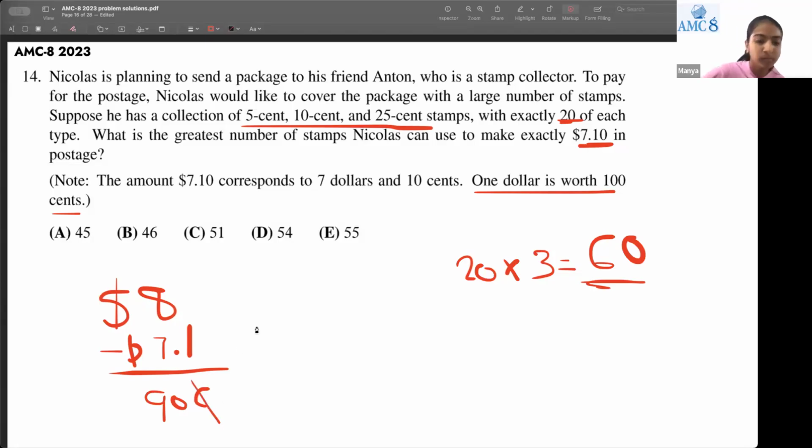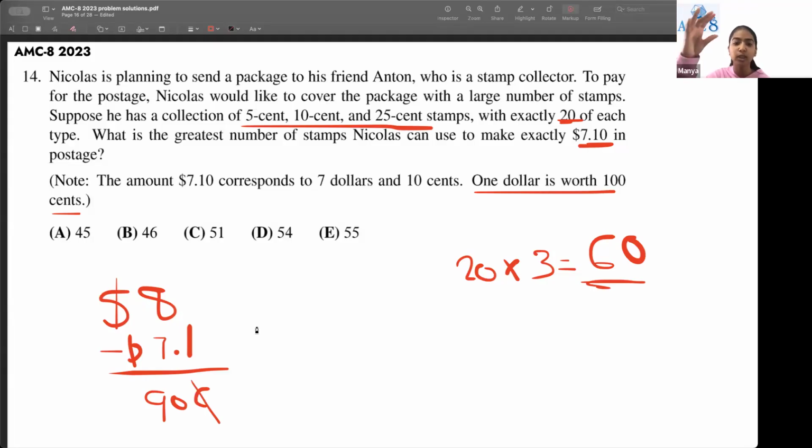So we need to remove 90 cents using the least amount of different types of stamps. That means we don't want to waste all of our 5-cent stamps on the 90 cents.